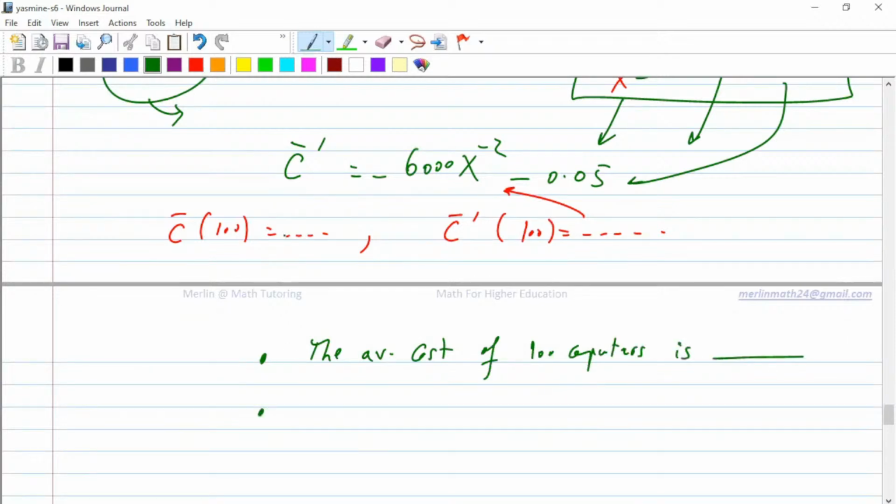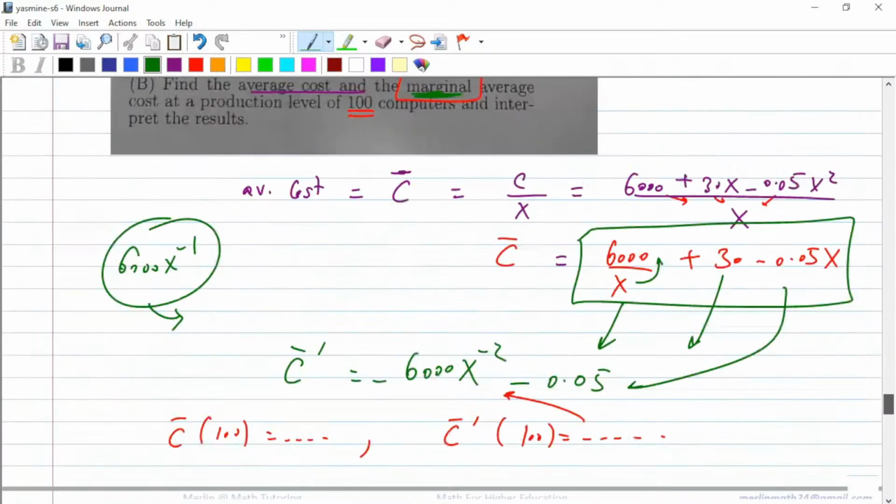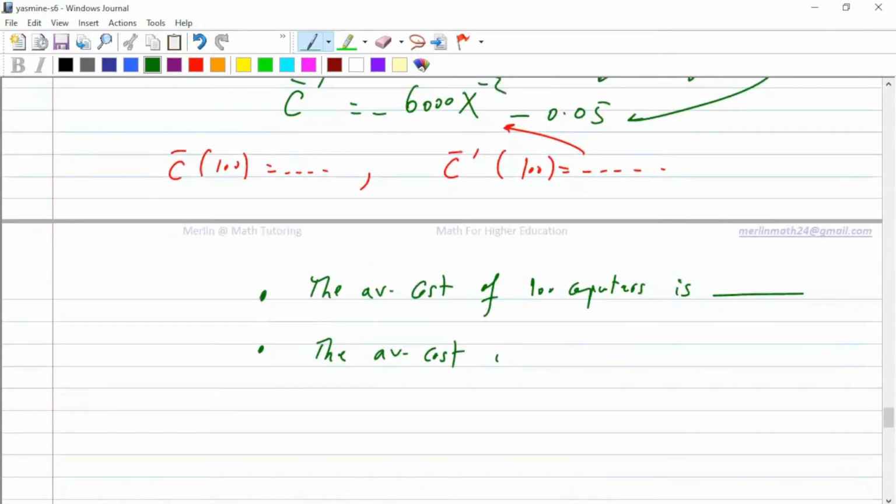And how do you write the C bar prime? You say the average cost is what? The average cost, like the total, the cost at the production level. Marginal. With the word marginal, we said the average cost at the production level. We don't write the word marginal. The production level indicates that it's marginal. Yes. Yeah, at the production.